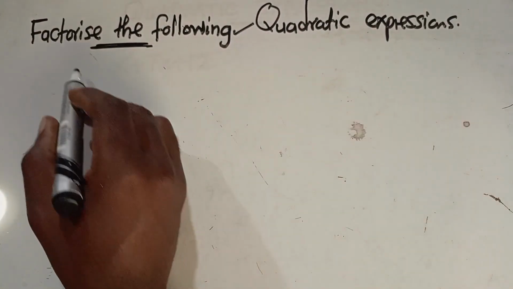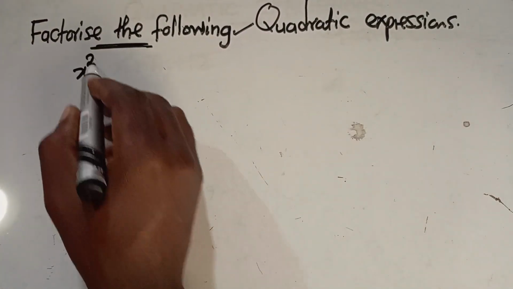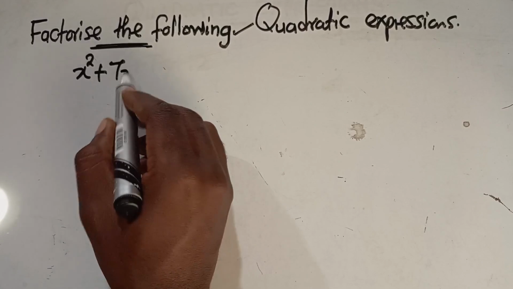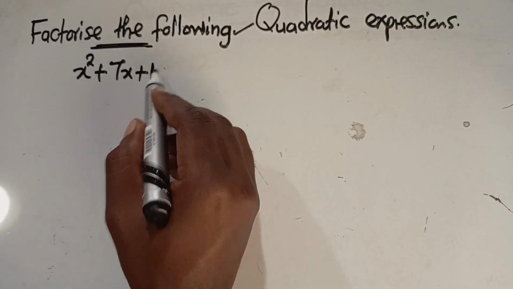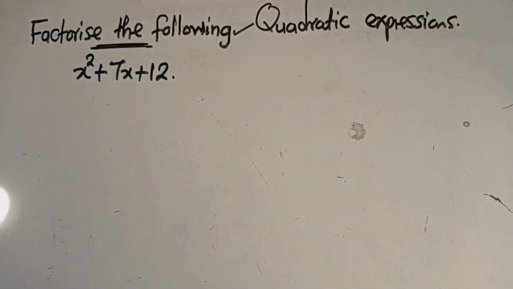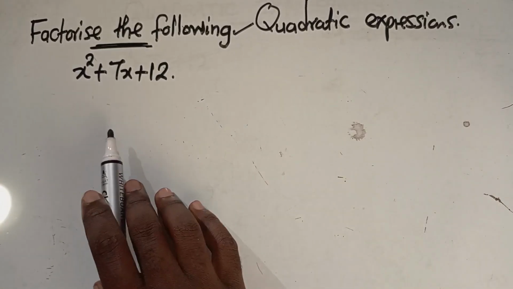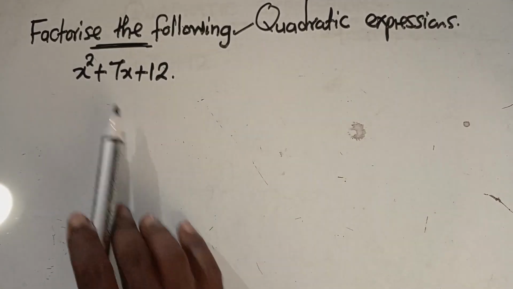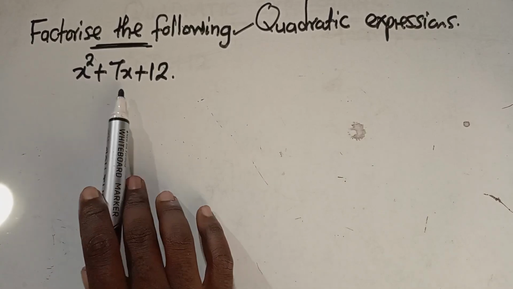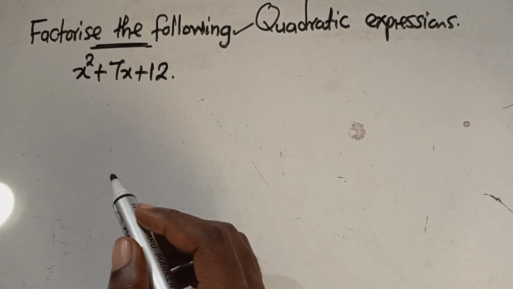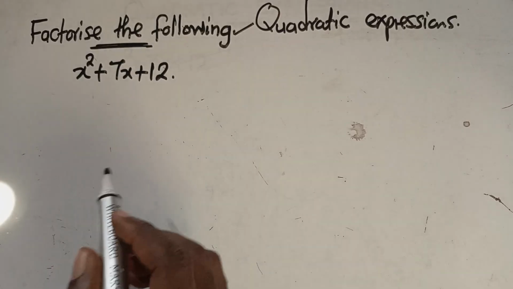Let's say you are given a question: x squared plus 7x plus 12. You are told to factorize. How then can you factorize something like this? For you to factorize a question of this nature, you need to know how to find the product, the sum, and the factors.